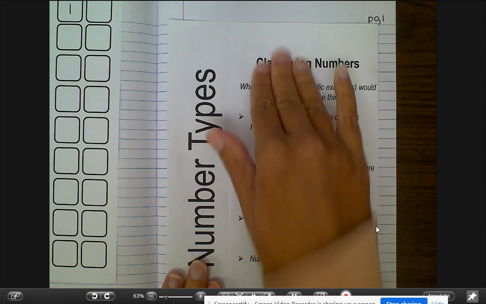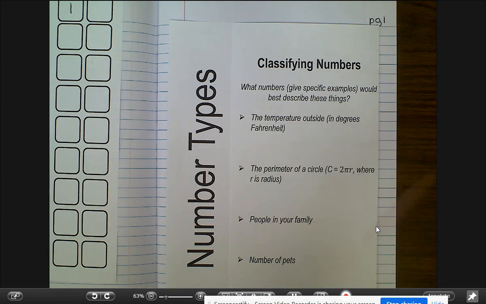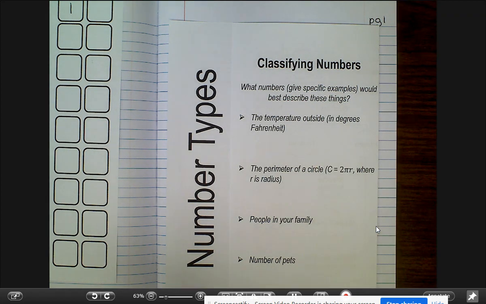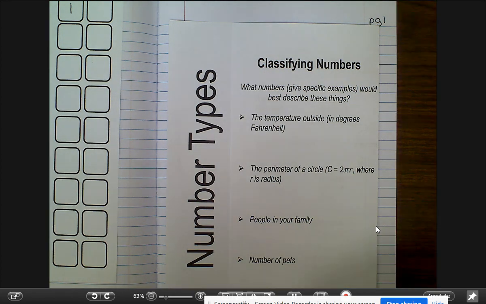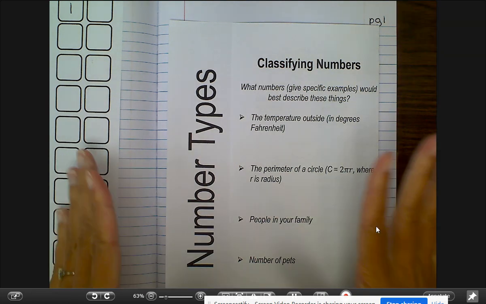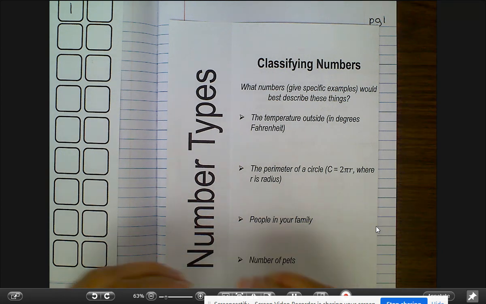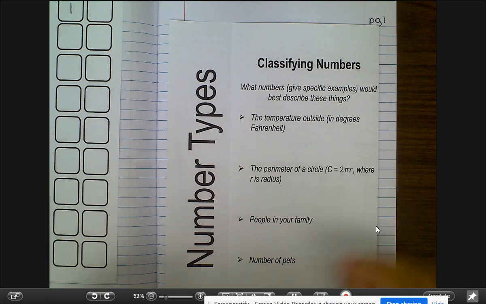And normally I would fill out the front with you, but I think I actually want to leave that for you to try. But I am going to look at it with you really quickly and talk a little bit about numbers. Now, this is kind of super mathy, and I geek out on it because I love math. And when it comes to the very basics of math and just talking about numbers, we can talk about numbers in different types of ways, and what type of number they are.